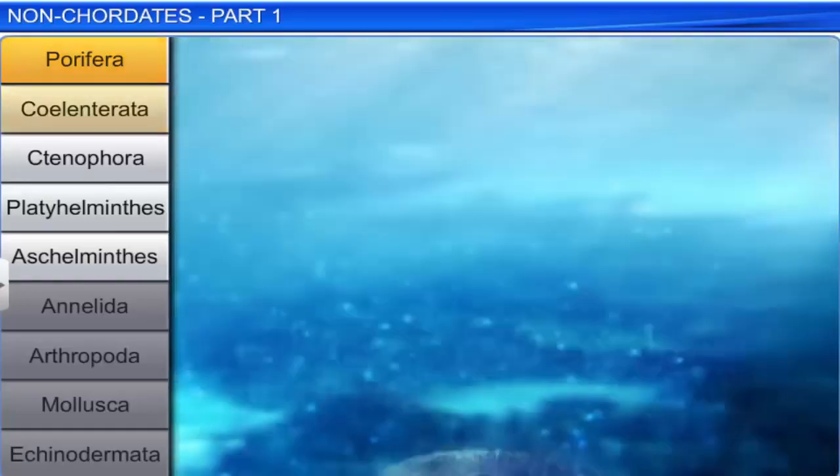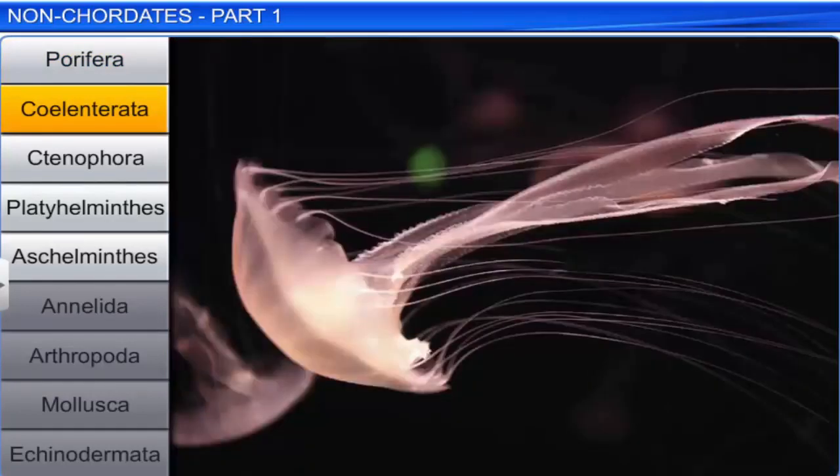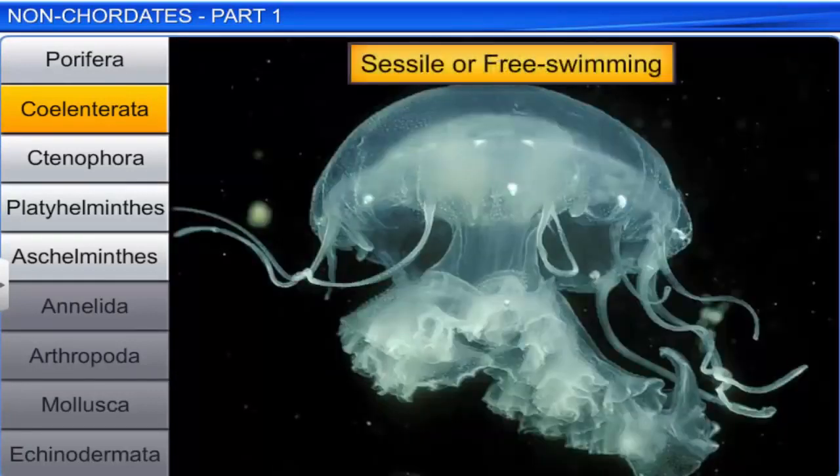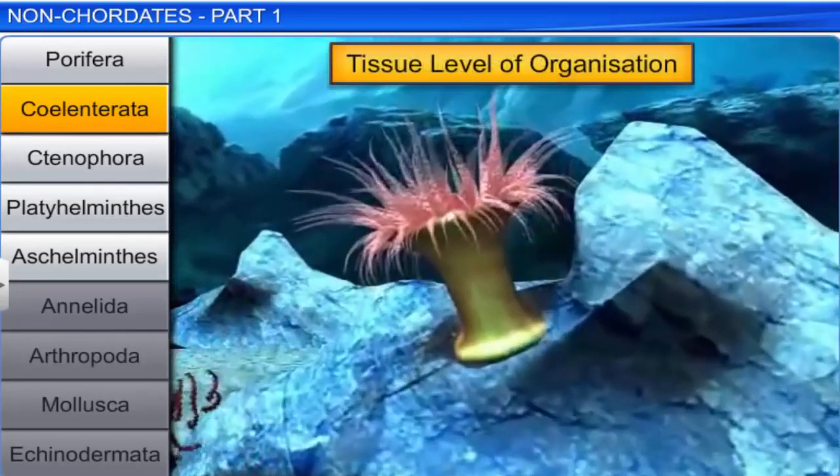The second phylum is Coelenterata. The members of this phylum are aquatic, mostly marine, sessile or free-swimming, radially symmetrical, diploblastic animals with tissue level of organization.